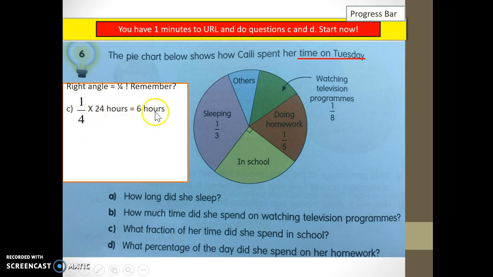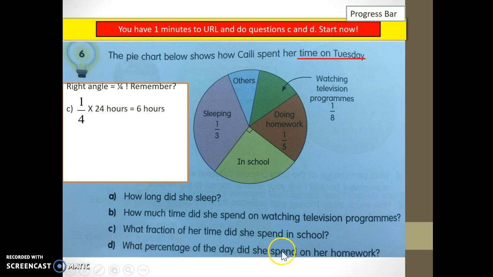You are right. This is the wrong answer. The answer should just be 1/4. So this is what carelessness looks like. For those of you who got 6 hours, this is a reminder. Question said fraction. You ought to have underlined just now. I hope you underlined this. So this is a wrong working. Answer is 1/4.